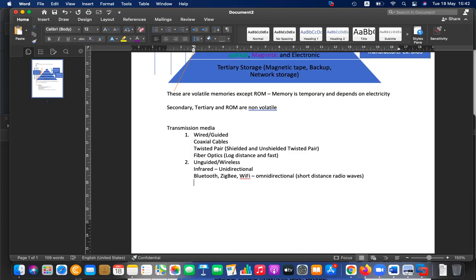And then you have long distance radio waves, as well as you have microwave. Microwave is also unidirectional. So this is tower to tower or satellite to tower communication.